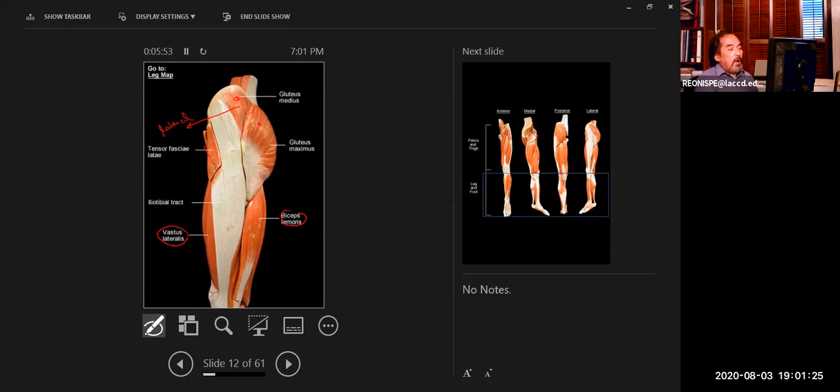So remember, the curtain on the lateral side is going to be the biceps femoris. And the curtain on the medial side is going to be two: semitendinosus and semimembranosus underneath, right here.